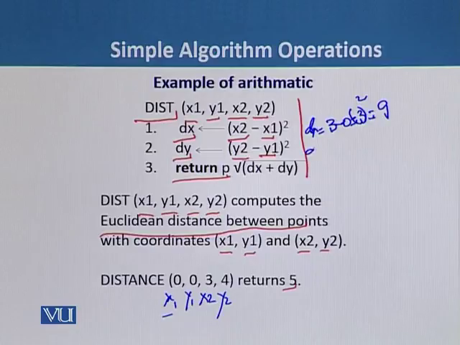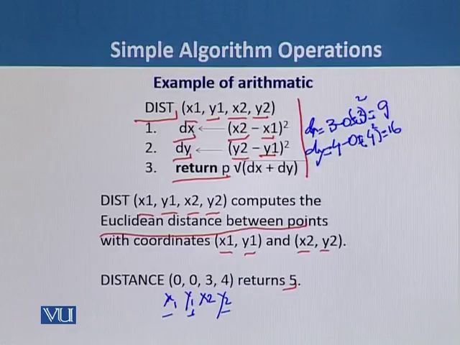Then we will calculate dy. For dy, we need the value of y2, that is 4, and we have to subtract the value of y1, that is 0. And we get 4, and the square of 4 is 16.